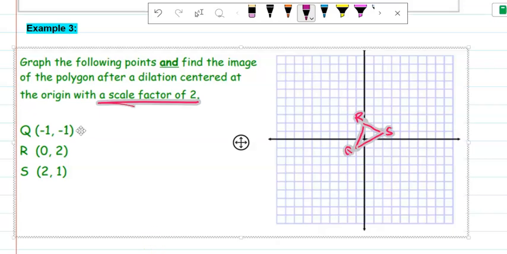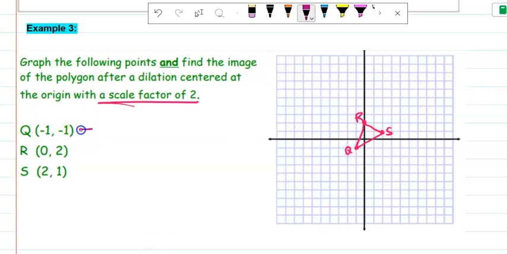All right, so again, we're just going to multiply every single coordinate by the scale factor. So -1 times 2 would be -2, and then -2 again. Okay, so this one might be tricky. 0 times 2 is 0. So that's okay that it's not changing because we're still multiplying. So don't feel like your zeros have to change. 2 times 2 would be 4.